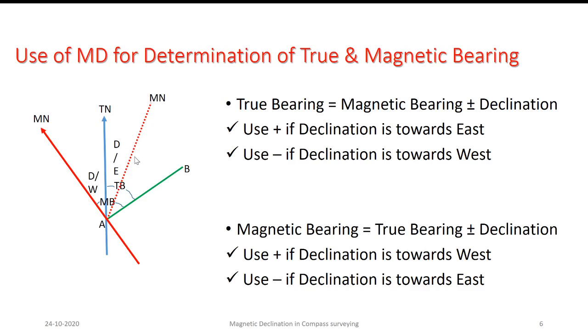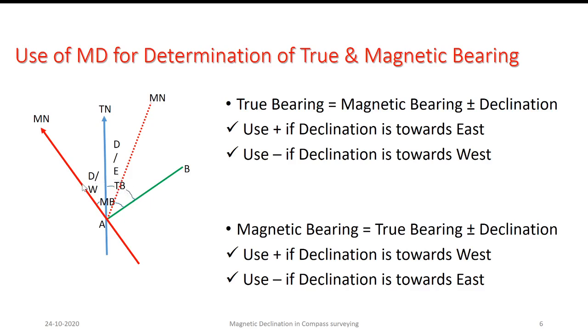Declination is eastward, hence we can add the magnetic bearing and the declination in order to work out the true bearing of that particular line. So the sum of these two will be nothing but the true bearing.